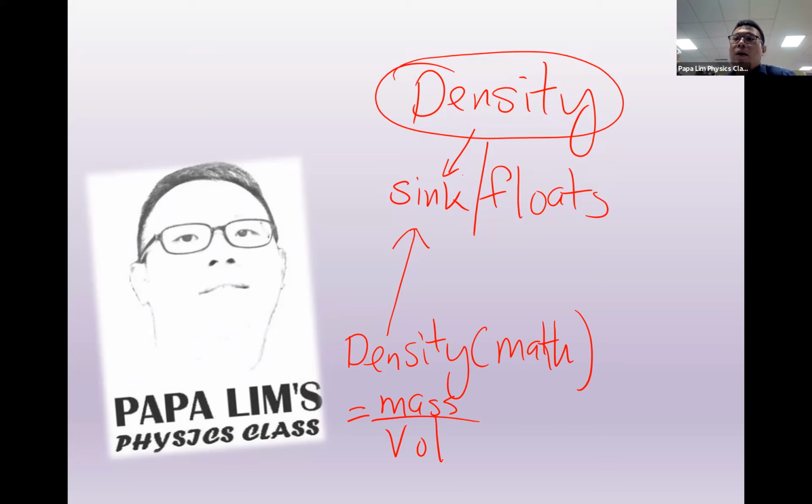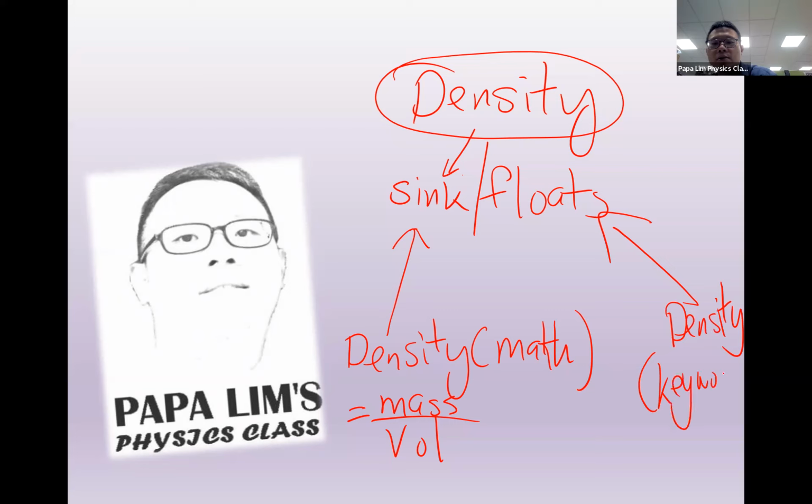Other than calculations, we look at whether the density is bigger or smaller than the liquid, and we also look at explaining sinking and floating using density via explanations, by looking at keywords.